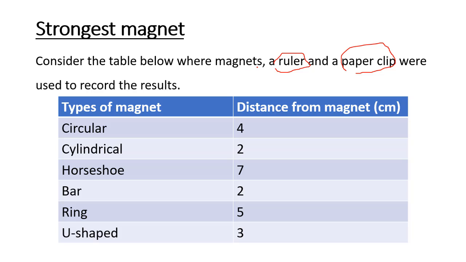So paper clips, all the kinds of magnet, and a ruler. You can use all these materials to come up with a table like this one. On this side, types of magnet, and on this side, distance from magnet.